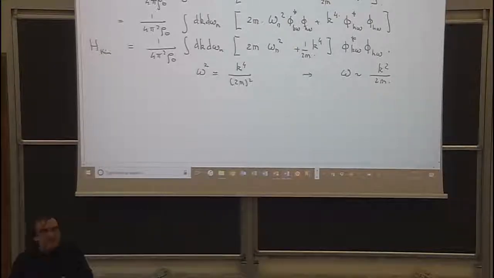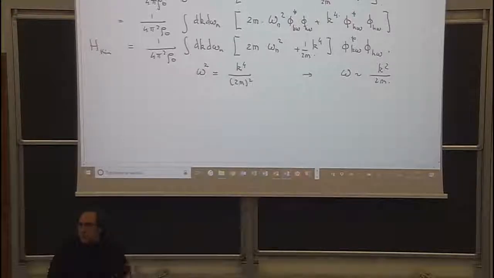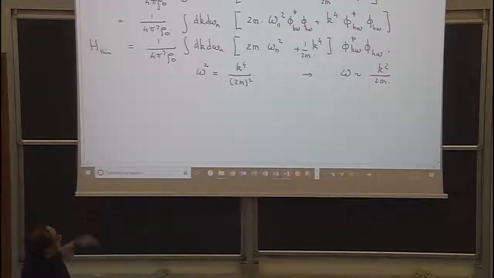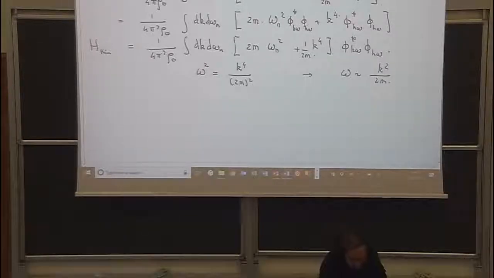That's wonderful. All 2 hours of effort to just recover that the frequency is k square over 2m. But at least it tells us that it might not be totally crazy to do the things I did, throwing away the oscillating terms and whatever, because I recover that at least my eigenmodes, sorry, this is not H, this is S kin.